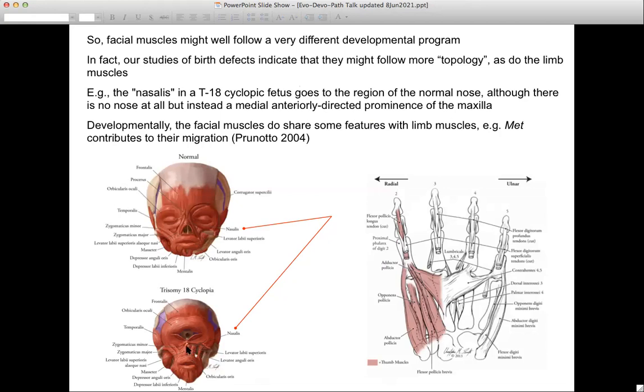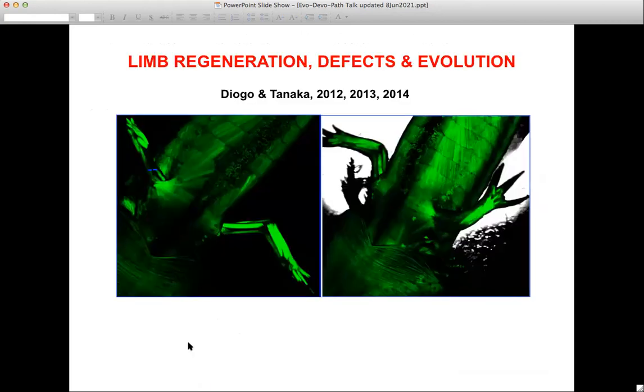They don't have a nose, and as you know, it's not genetic; it's epigenetic. Because the eyes don't separate, the proboscis cannot go down, and so they don't have a nose, but they still have a nasalis. So the facial muscle is developing where it should be, near the nose, like the limb muscles, not like the other head muscles that don't follow this kind of pattern. This is really interesting, actually.